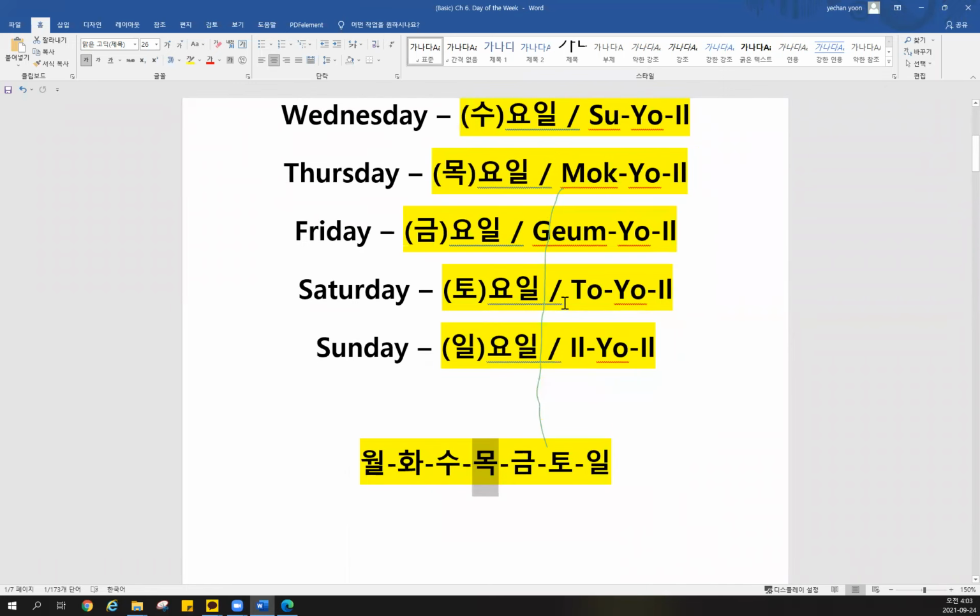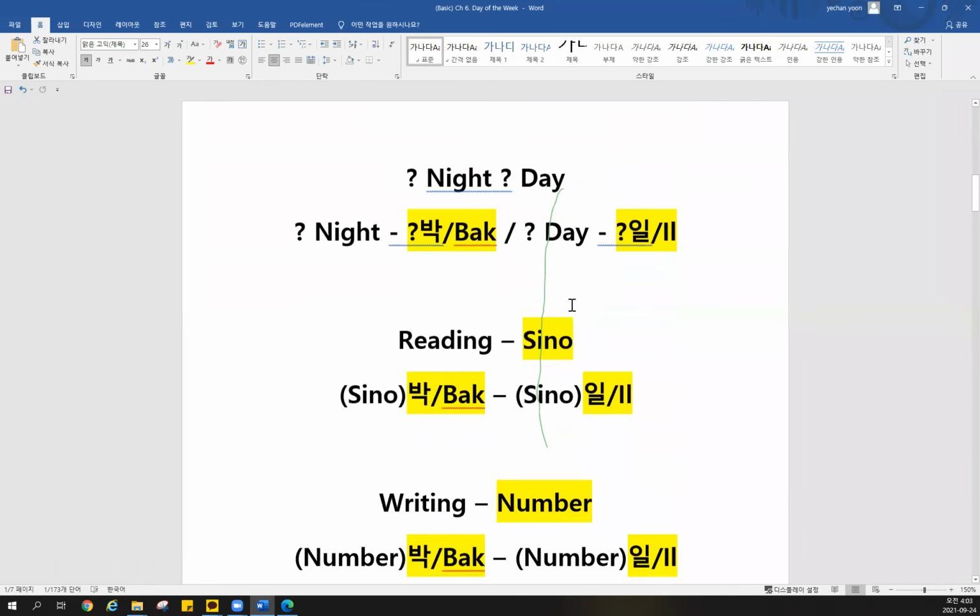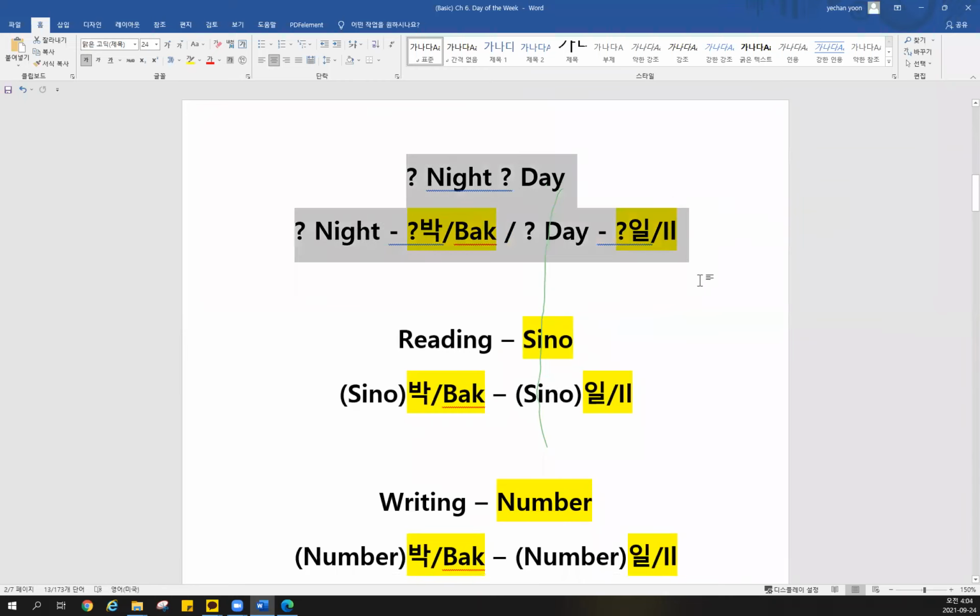Okay, all right, then let's go to the next one. This one is the word for how to count nights and days. When you go to South Korea, you need to book accommodations, and you need to tell how many days you're going to stay there.